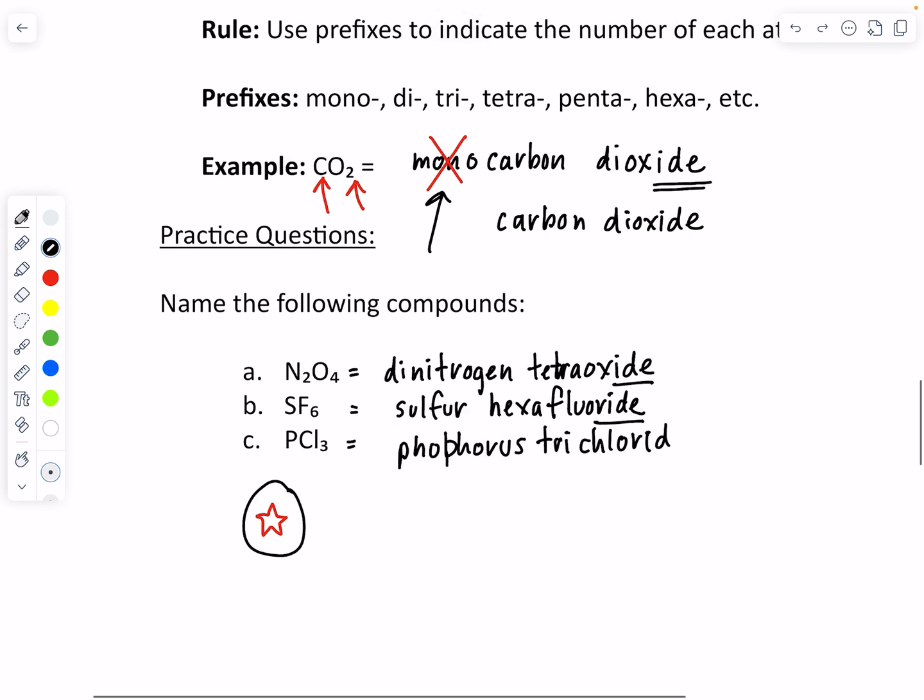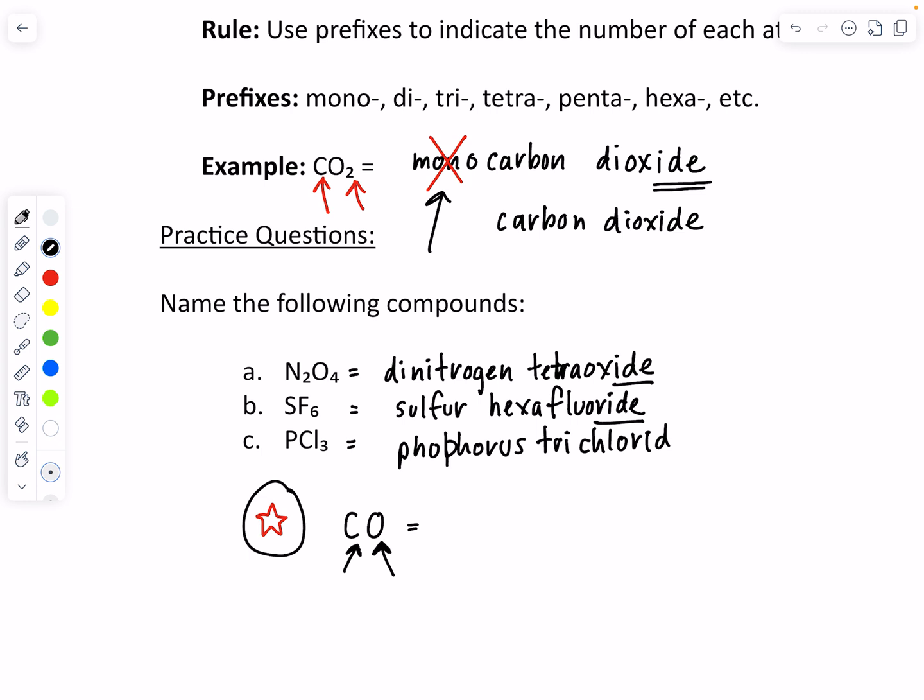So what's the special example? When do we ever use mono? Mono is used only in the case where there are 2 atoms in a molecule and each of the atoms has only 1 atom in the chemical formula.